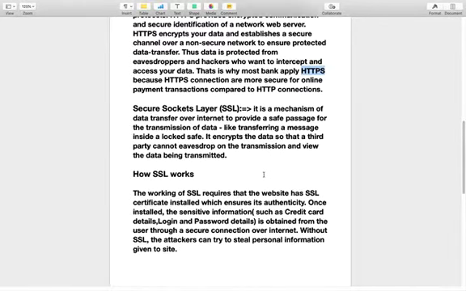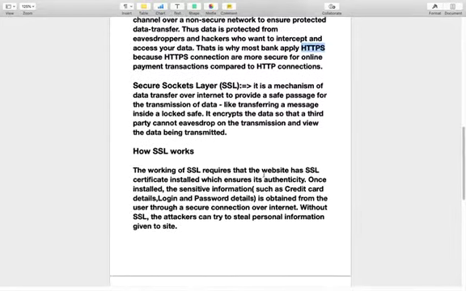And what is Secure Socket Layer? SSL is a mechanism of data transfer over the internet to provide a safe passage for the transmission of data, like transferring a message inside a locked safe. It encrypts the data so that a third party cannot eavesdrop on the transmission and view the data being transmitted.